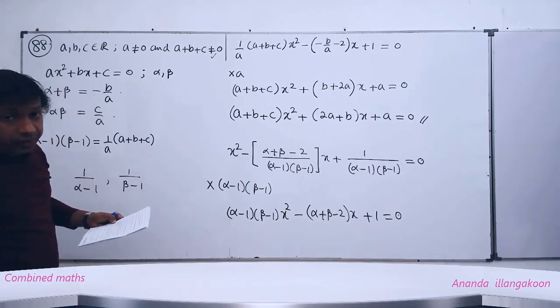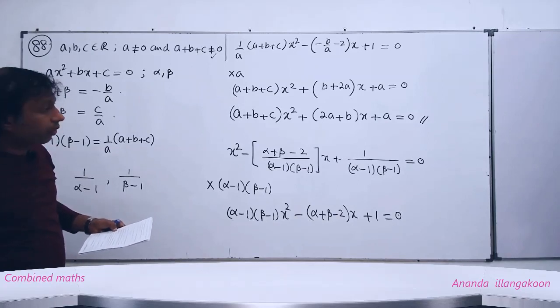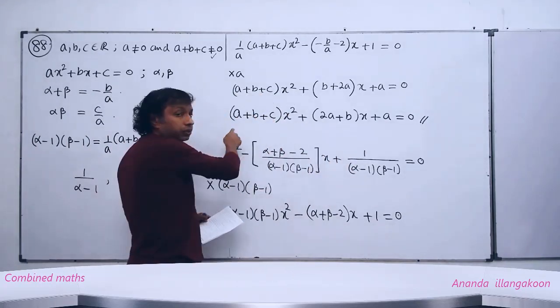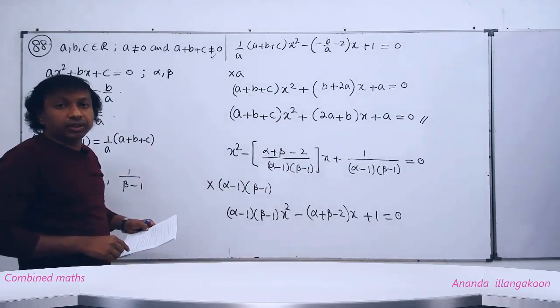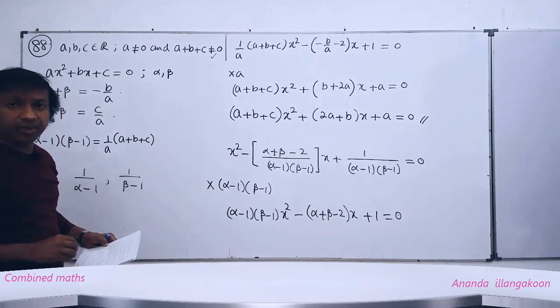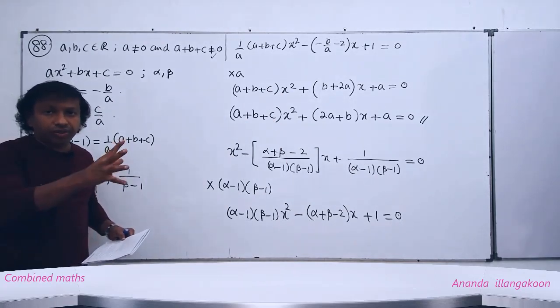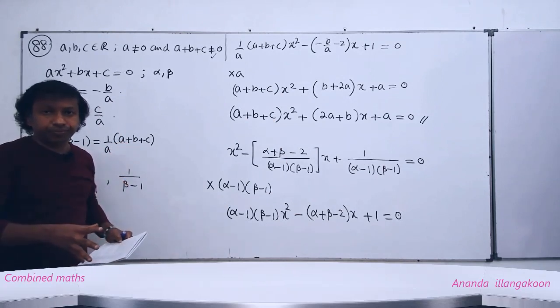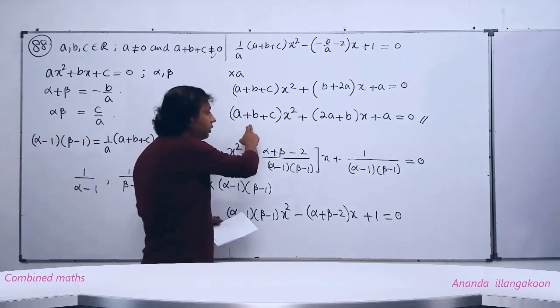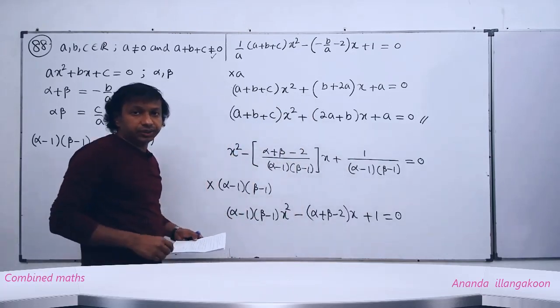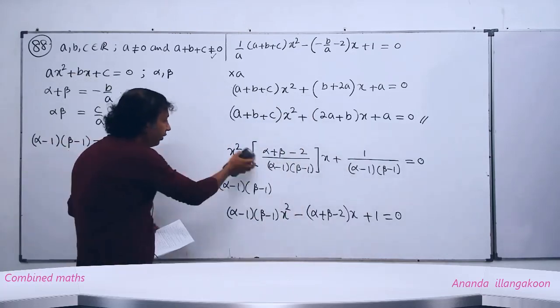This is the quadratic equation. This only, in the question, they term as gx. Gx equals 0 means that gx should be this. Therefore, we can determine gx. Gx is this.